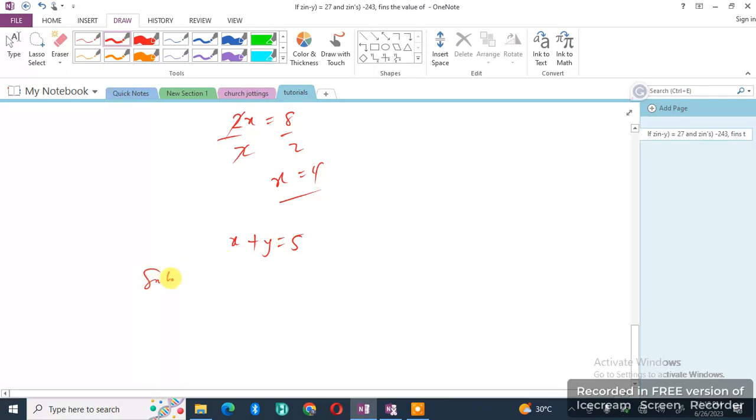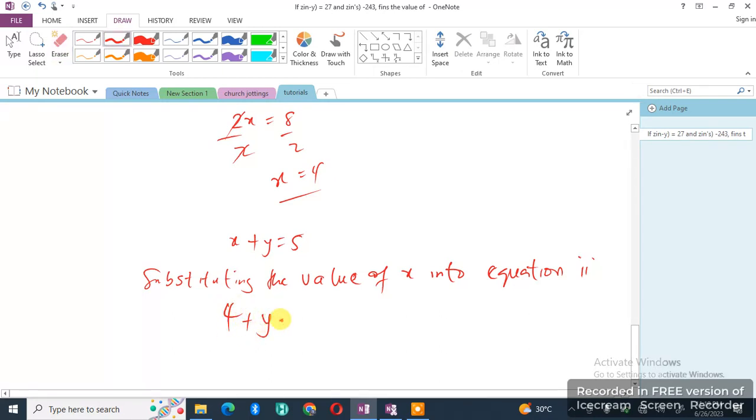So we'll substitute the value of x into the equation. Now x is representing 4, so I'll substitute that in place of x, and then 5. So we're going to collect like terms.